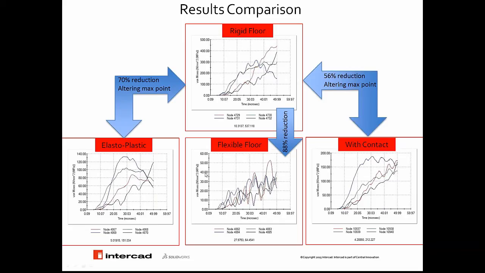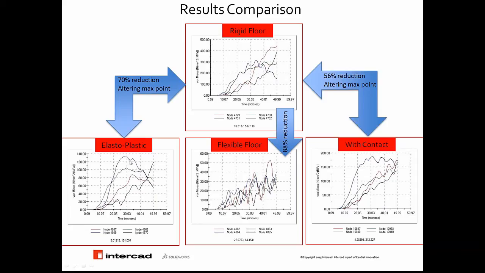Now with two other alternatives, either an elastoplastic material, meaning we have deformation and permanent deformation in our assembly, we can reduce the stress magnitude down to 70%. You can see this node, 47229, was the highest stress magnitude recorded. Well, that is an alteration, and the other node comes out on top.